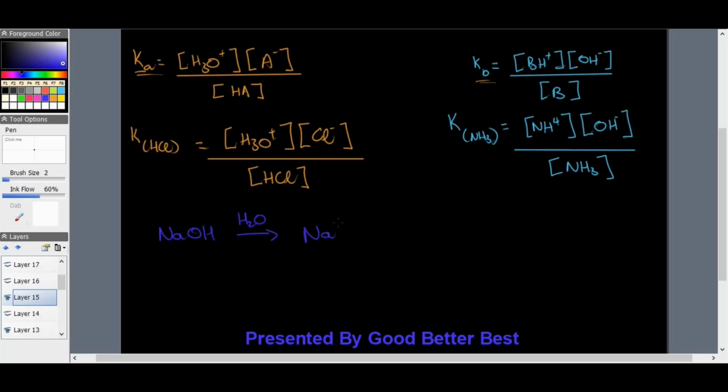So you end up with Na+ in aqueous solution plus OH- also in aqueous solution. So we cannot perform an ionization constant calculation for a base such as sodium hydroxide, because it's very strong and it dissociates completely in water.